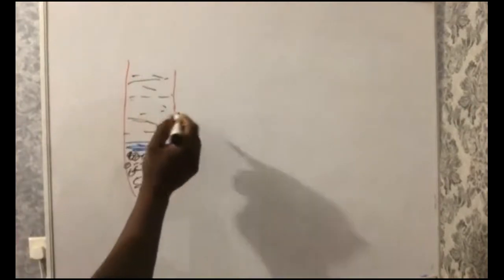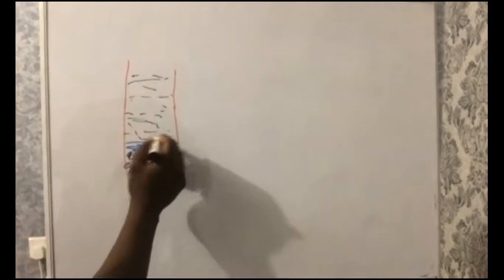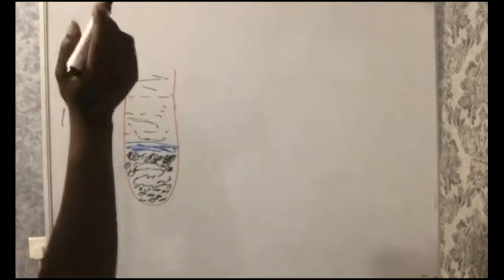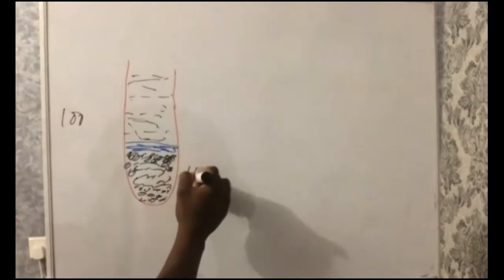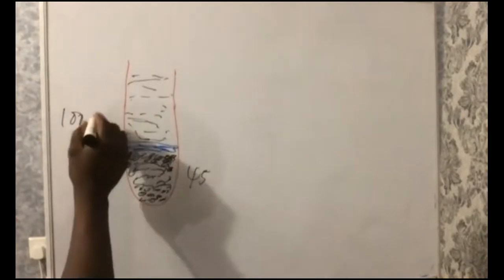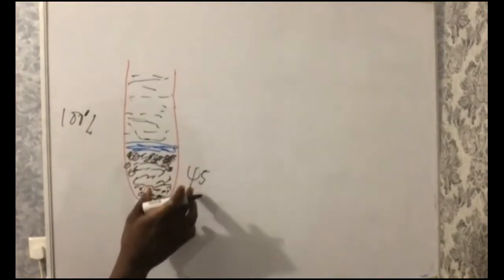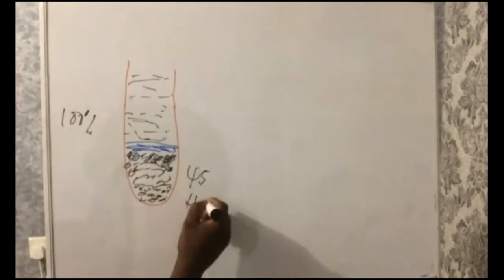Assuming this tube gives us 100%, you realize that about 45% of it is the red blood cells, and that is called the hematocrit.